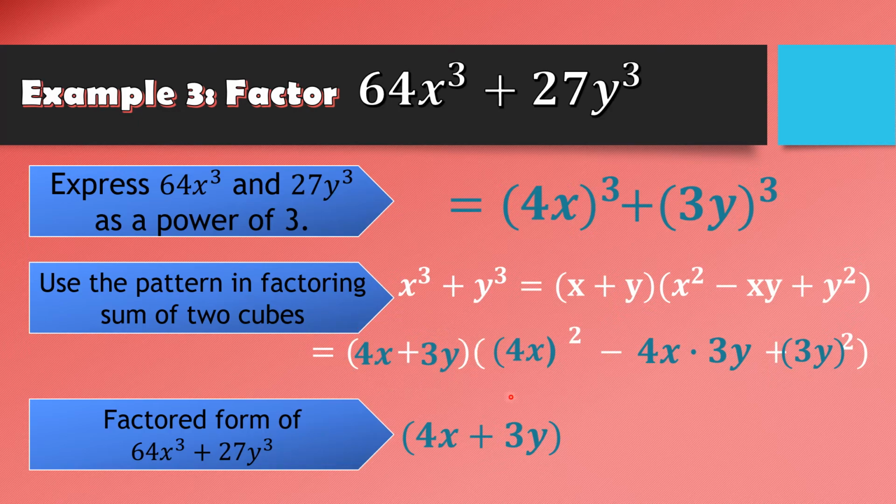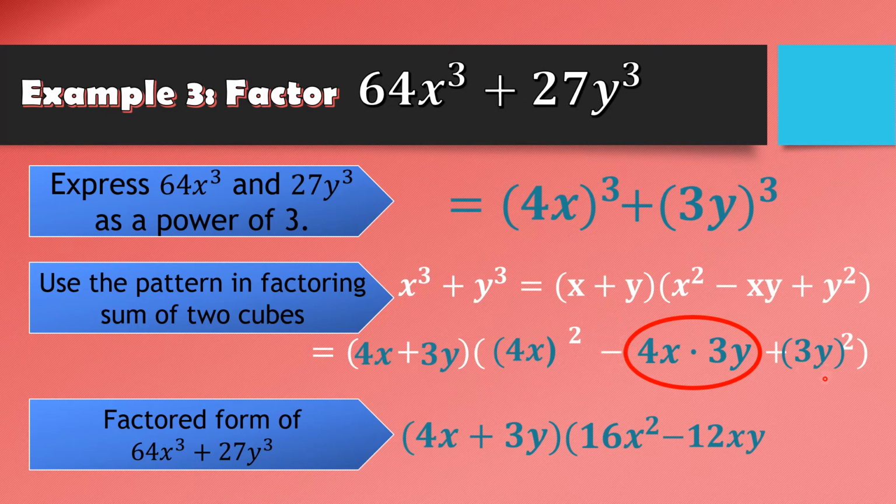Then, para sa kabilang factor na ito, iisa-isahin muna natin yung term niya. So, we have the square of 4x, pati yung 4, kukuhanin natin ang square, kaya ito ay magiging 16x squared. Then, 4x times 3y is equal to negative 12xy. Huwag kakalimutan ang sign ha, mahalaga yan.